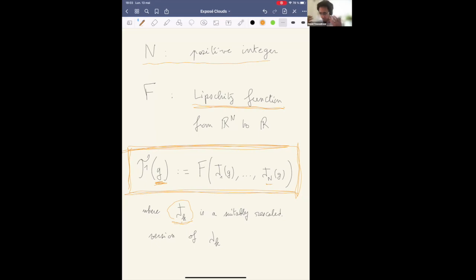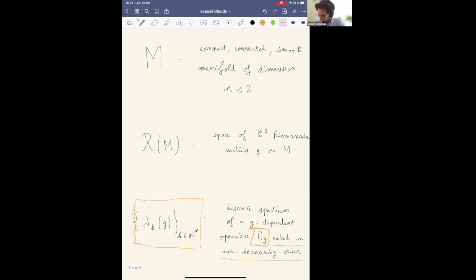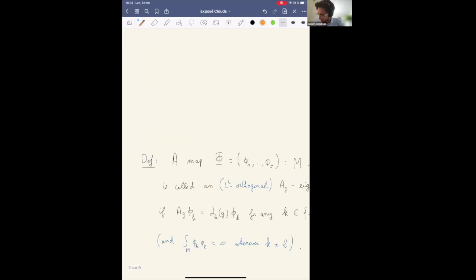So this is the general framework of my talk. Concerning the scaling, it depends on the situation. I will not spend too many words on this, but just keep in mind that we make some combinations of suitably rescaled eigenvalues.